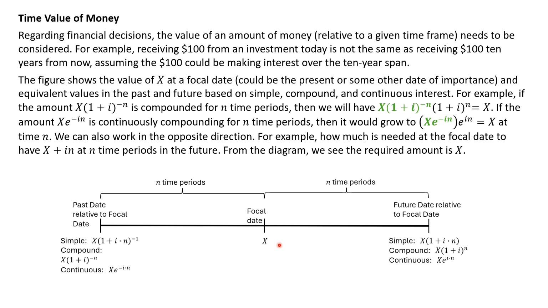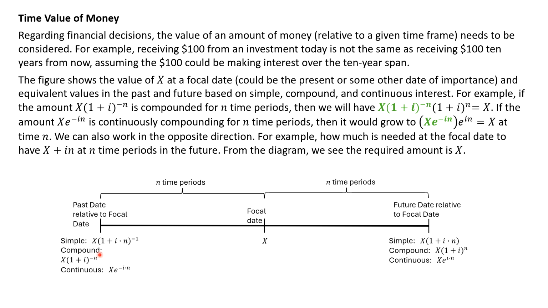And you could also work backwards. You could ask, how much money do you need n time periods in the past in order to have x dollars at the end of these n periods, depending on different interest rates and approaches. So I have one example here where it's compounding.